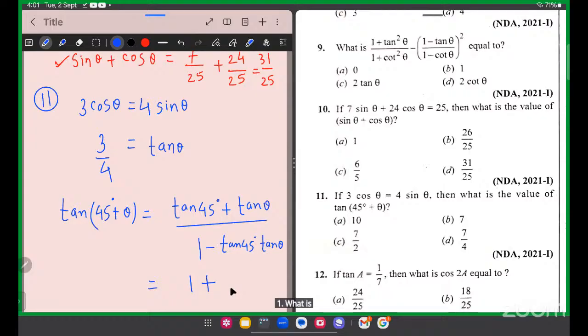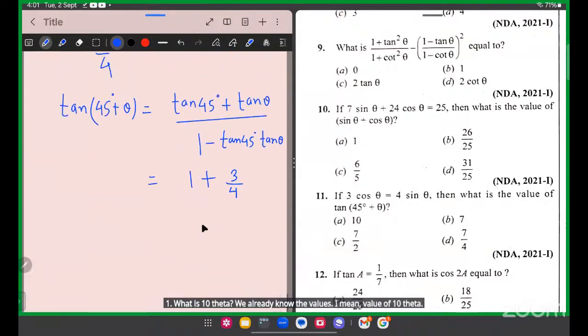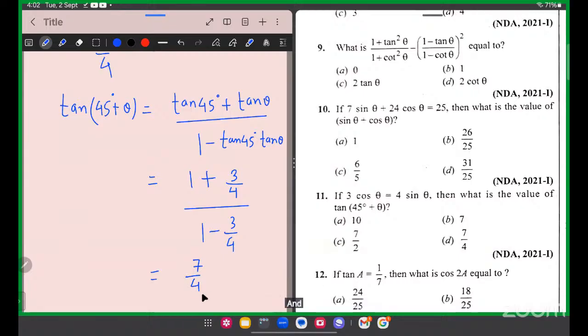We already know the value, 3 by 4. So 1 plus 3 by 4 on top, and tan 45 is 1, so 1 minus 3 by 4 below. If you solve this, you will get 7 by 4 divided by 1 by 4. I can write 4 by 1 in multiplication. So answer is 7. Please note it down.